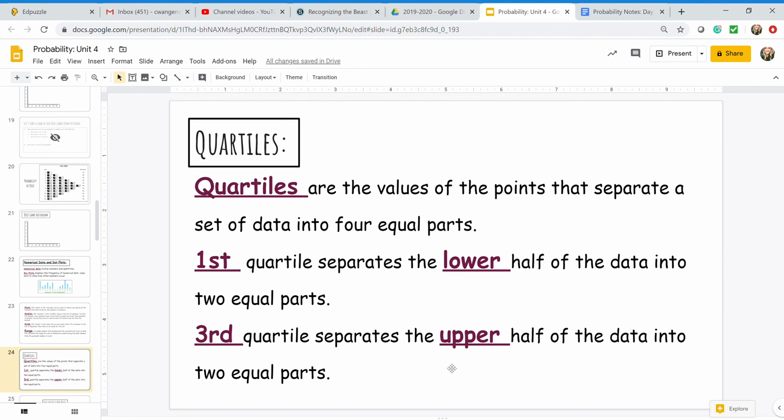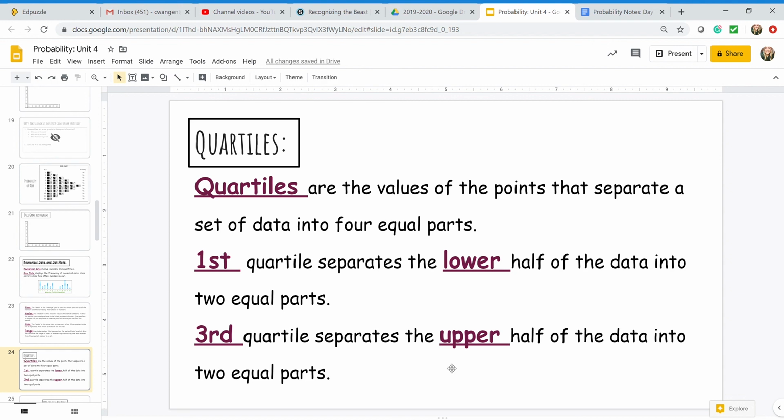All right. Quartiles. Quartiles are the values of points that separate the data set into 4 equal parts. Again, we'll go over this a little bit later, but just so you have this down quickly. The first quartile separates the lower half of the data, and the third quartile separates the upper half of the data. They both separate them into 2 equal parts.